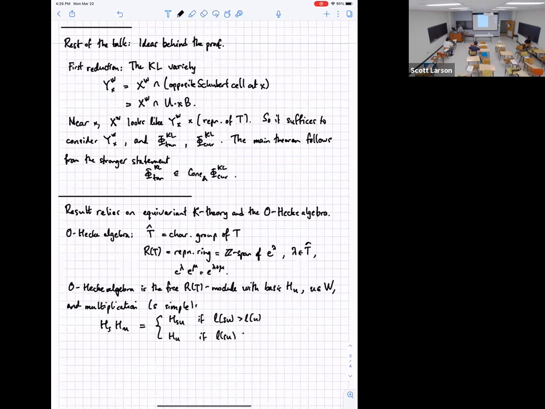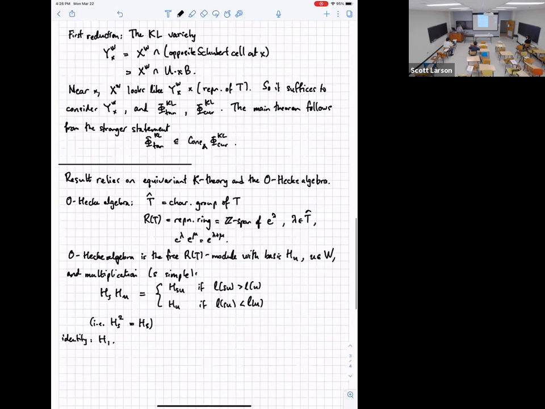So I never go down; I only go up or stay the same when I multiply elements together. In other words, HS squared is HS. And then the identity is just H1. So that's what the zero-Hecke algebra is.